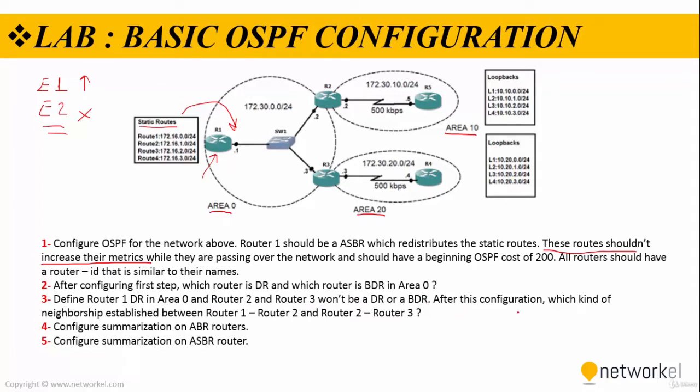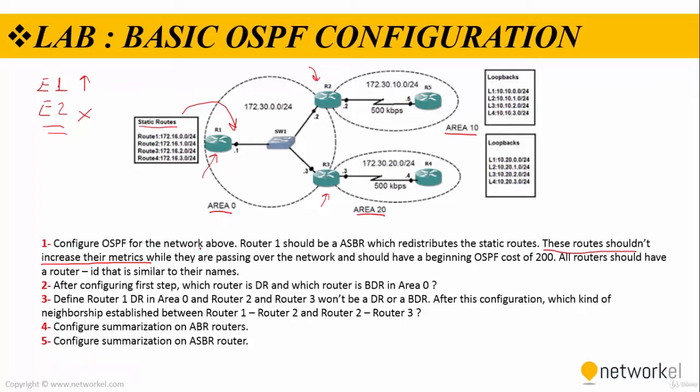Okay, after this configuration, we'll check which kind of neighborship is established between routers 1, 2 and 3. Then we are going to configure summarization on the ABRs and ASBR. We just have one ASBR, I'm sorry, and for ABRs, which are router 2 and router 3. Okay, let's start with the first guy.